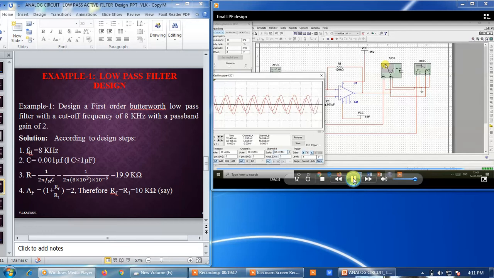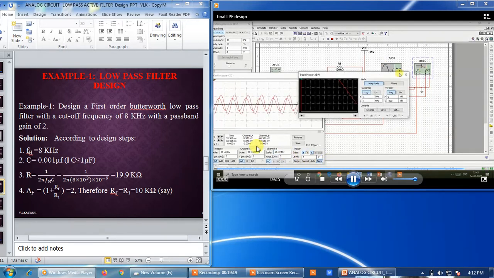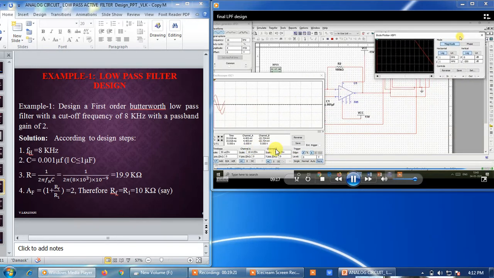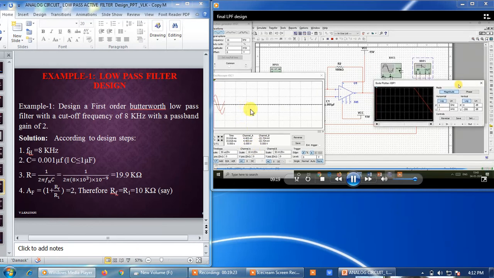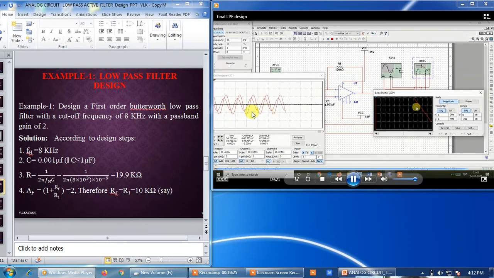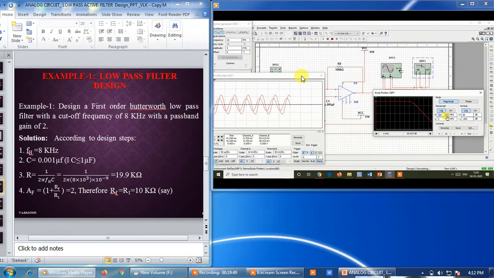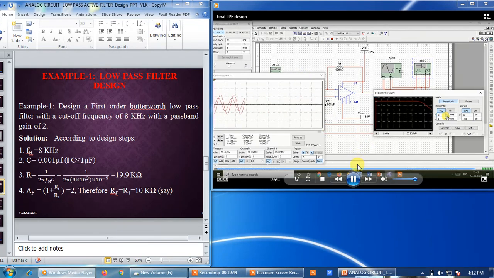So as you can see here, at channel B the output will be in sine form. So the output is in sine form, means your output is correct. Means in case of a low pass filter, when we are applying the sine wave, then the output is in sine form.